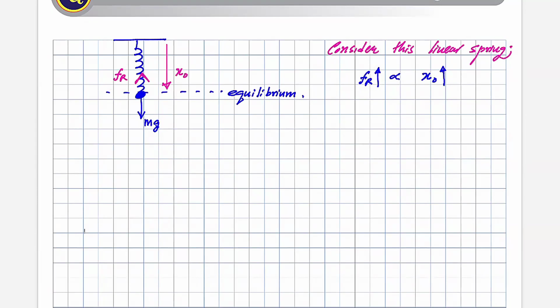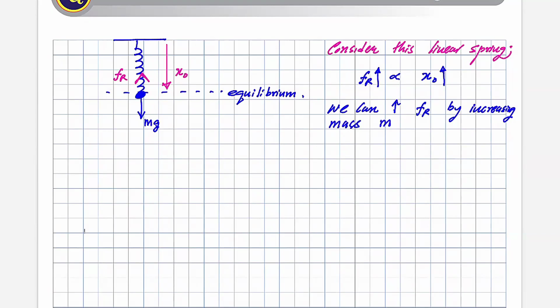So how to increase FR force? We can increase FR by increasing mass M, isn't it?